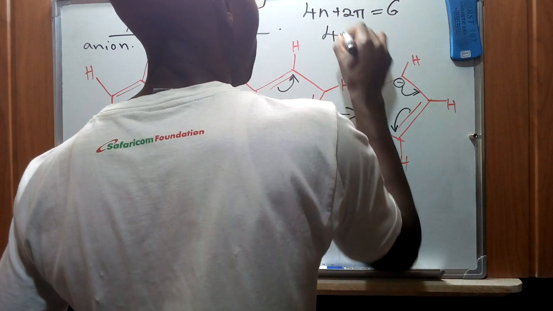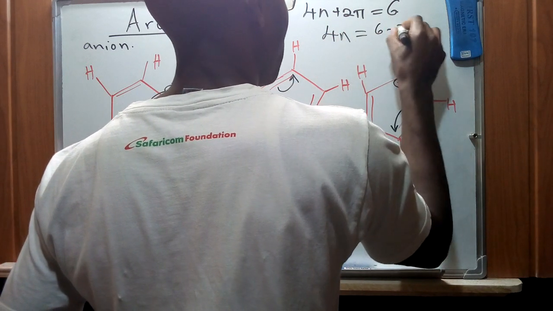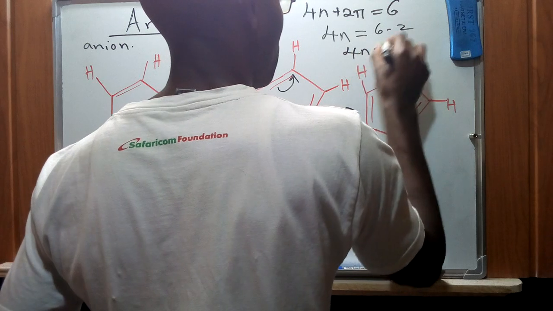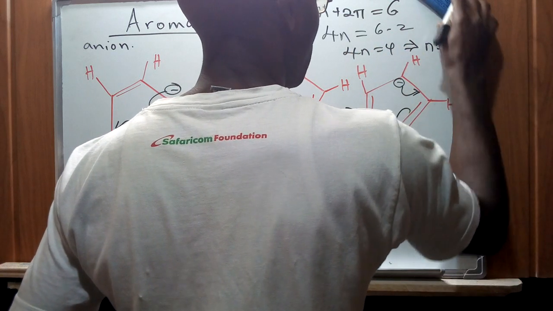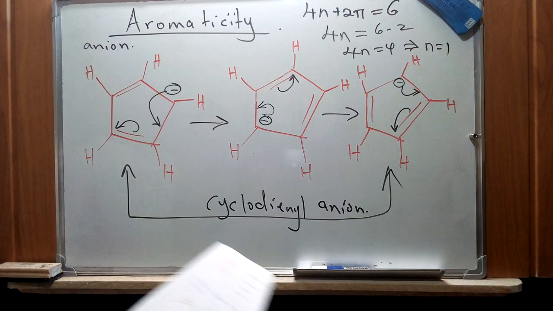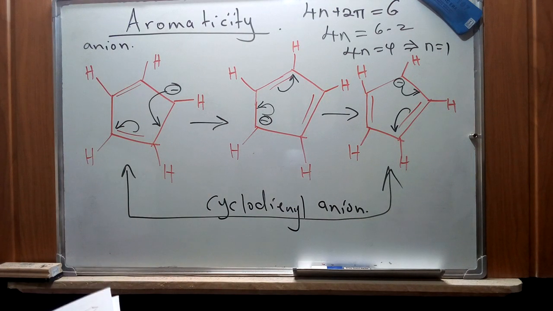Therefore, 4n equals 6 minus 2, which is 4. n equals 4 over 4, implying n equals 1. Therefore, we can say that this compound is aromatic. There are other larger molecules which we can use to illustrate the same, whether a compound is aromatic or not.